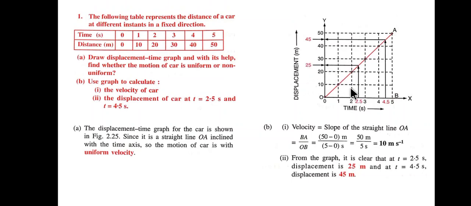This means that when time is 2.5 seconds, the displacement is 25 meters. Similarly, when time t is equal to 4.5 seconds, the displacement is 45 meters. So 25 meters and 45 meters are the required answers.